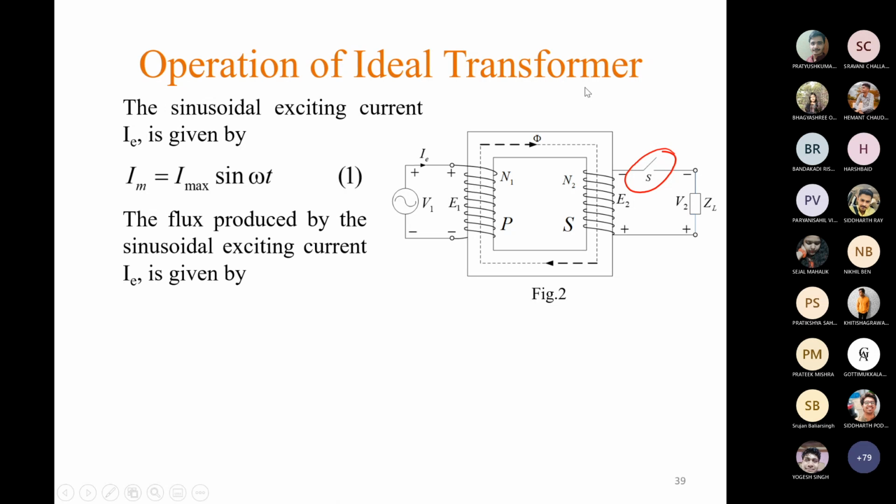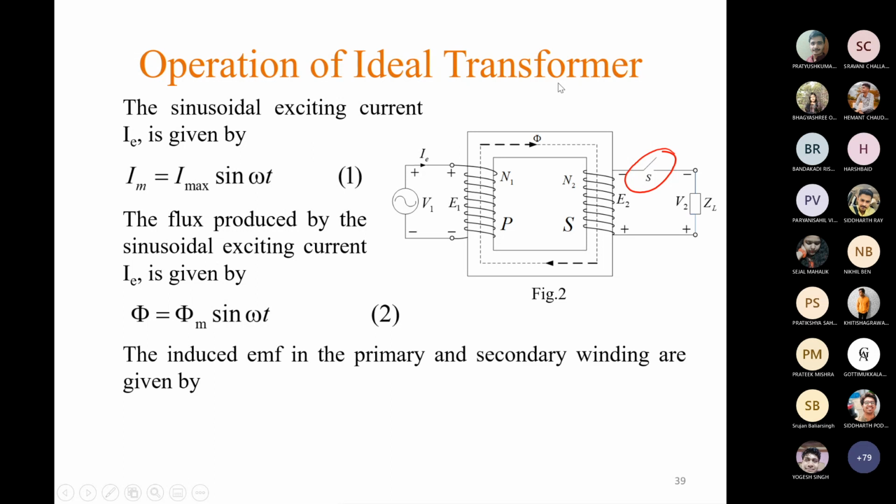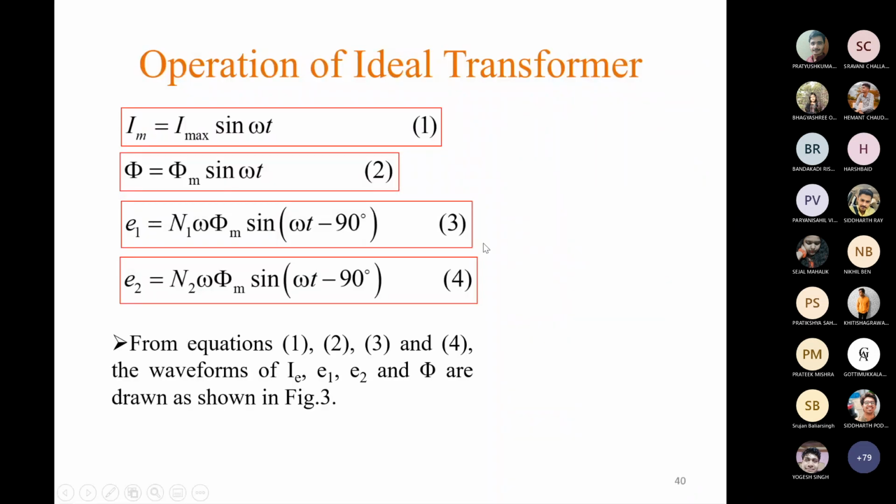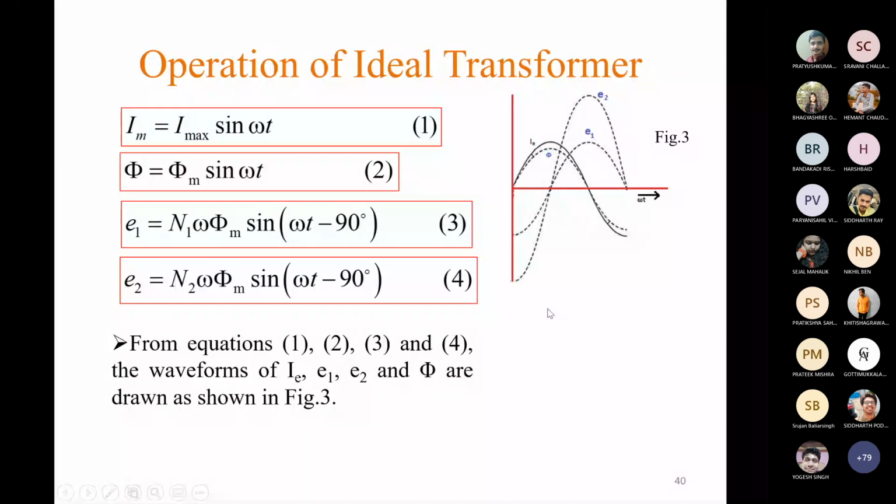The flux produced by this current is given by phi equals phi m sin omega t, and the two induced EMFs are given by E1 equals N1 omega phi m sin(omega t minus 90 degrees) and E2 equals N2 omega phi m sin(omega t minus 90 degrees). Now using these four equations we can draw the waveforms.